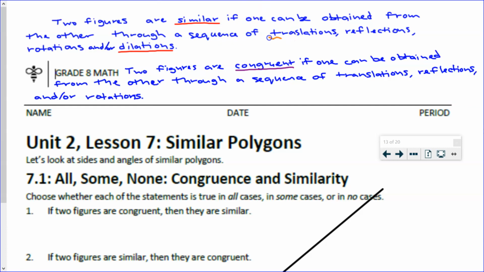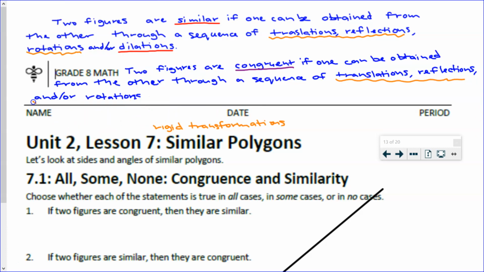What do I call translations, reflections, and rotations? I summarized all of that with fewer words before. What did I call those, Callista? Rigid transformations. So again, let's talk about those differences then.